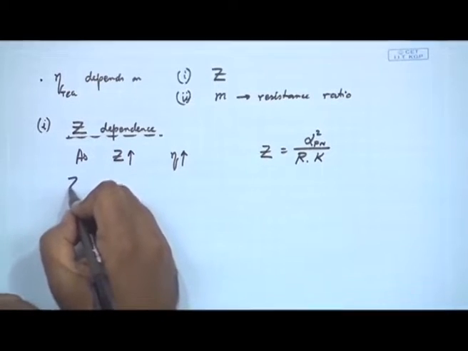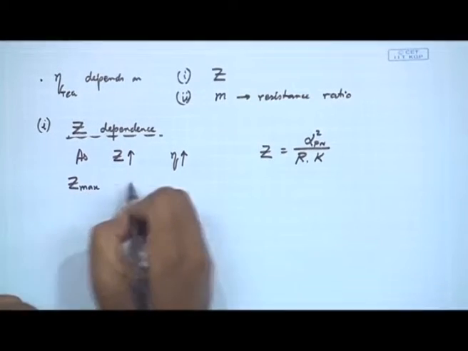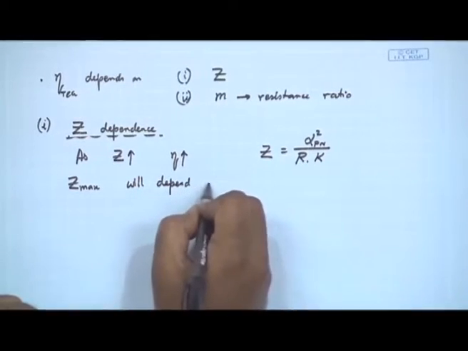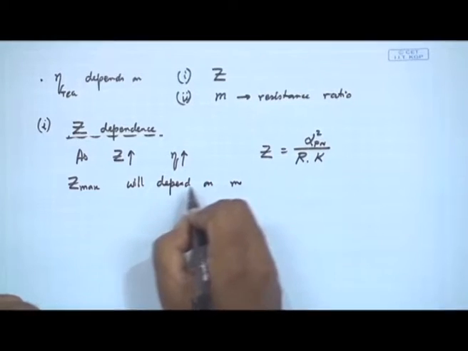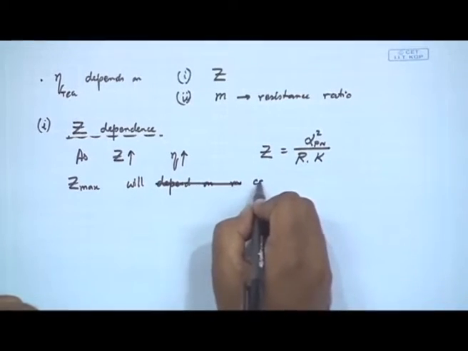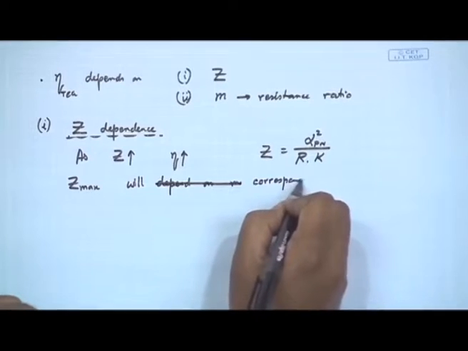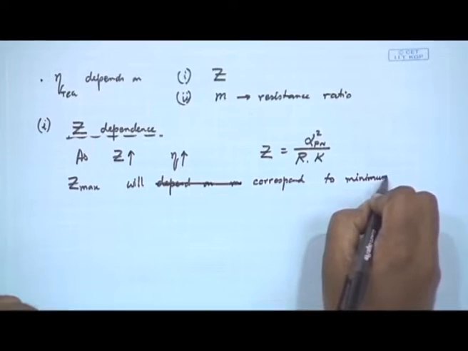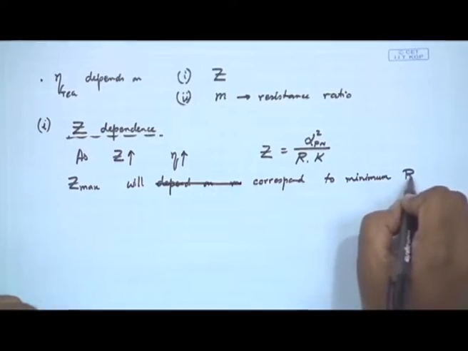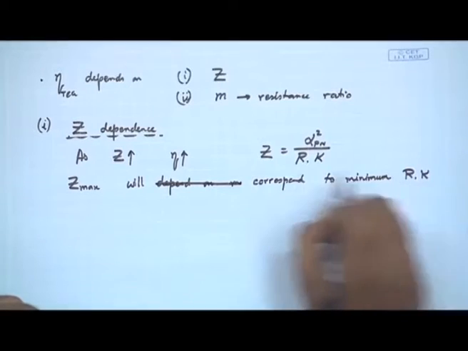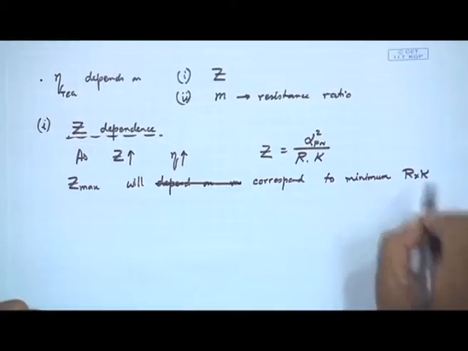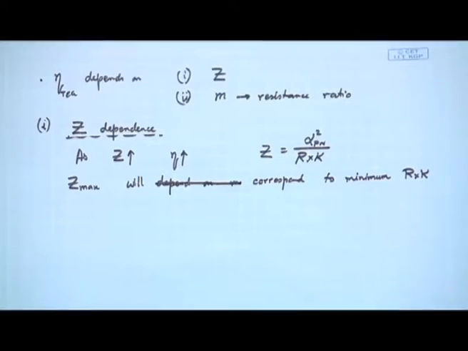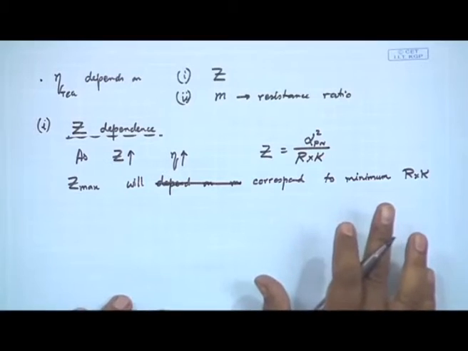That my Z max will correspond to the minimum value of R times K. So, that is important.